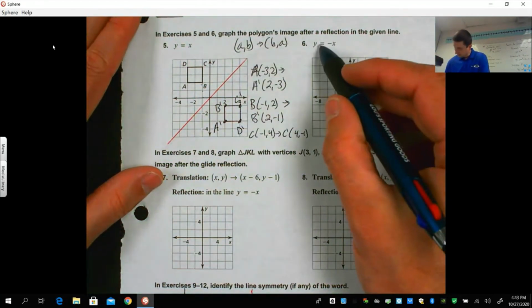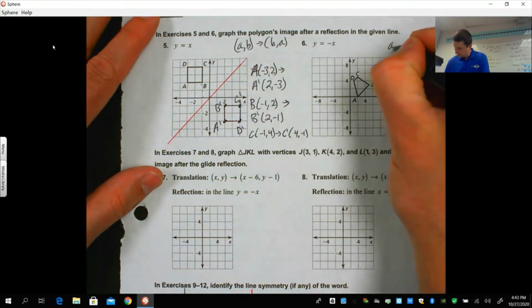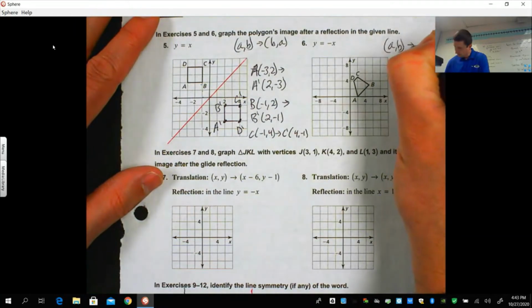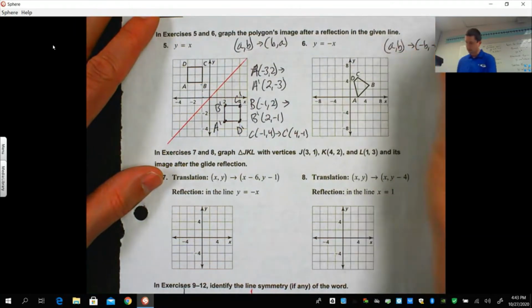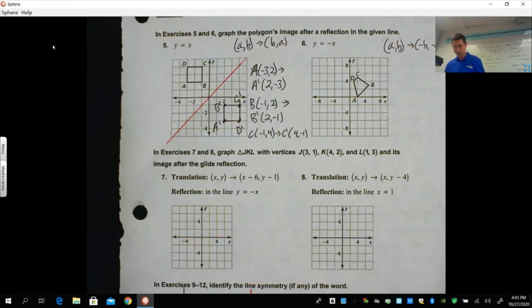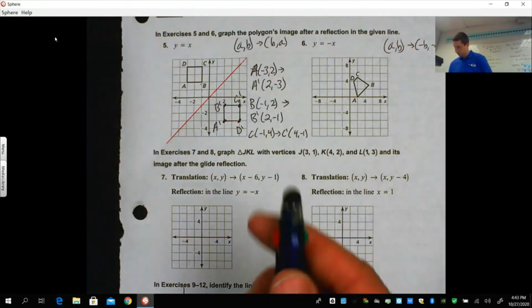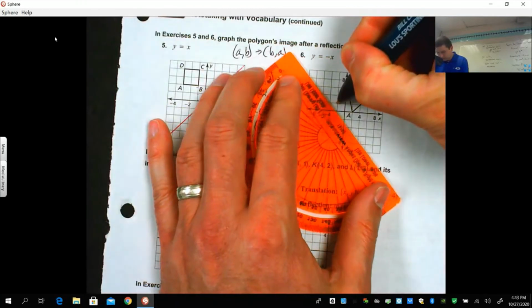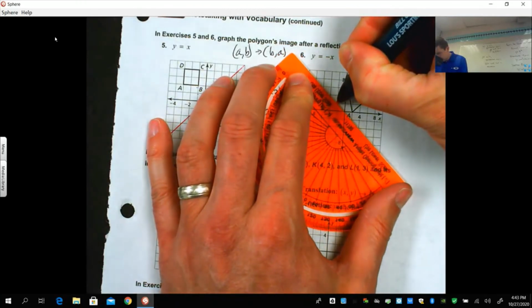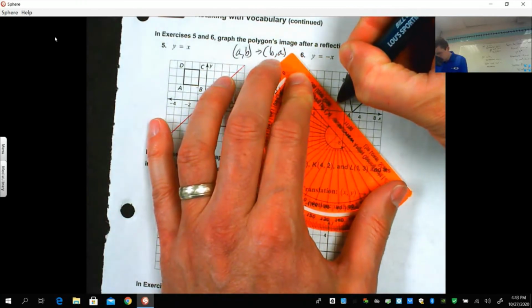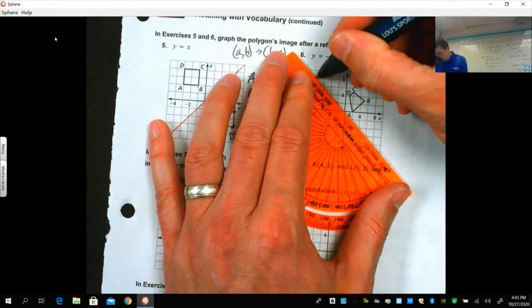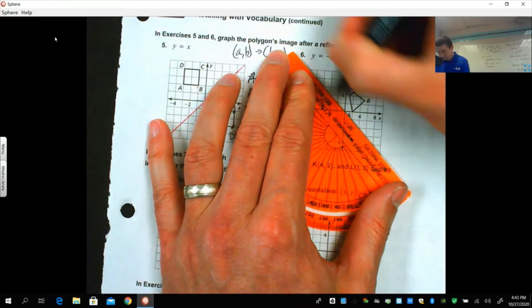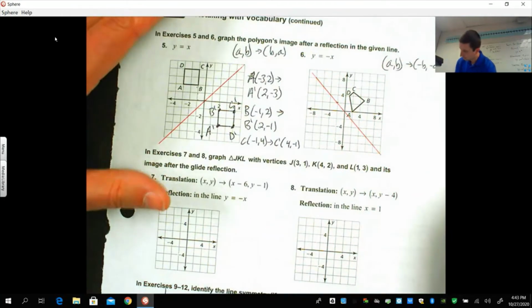Okay, reflecting this, y equals negative x, look up the rule. AB is going to the opposite of B, opposite of A. Everything's backwards. So, y equals negative x, we're reflecting over this line here, slope of negative 1, through the y-intercept.